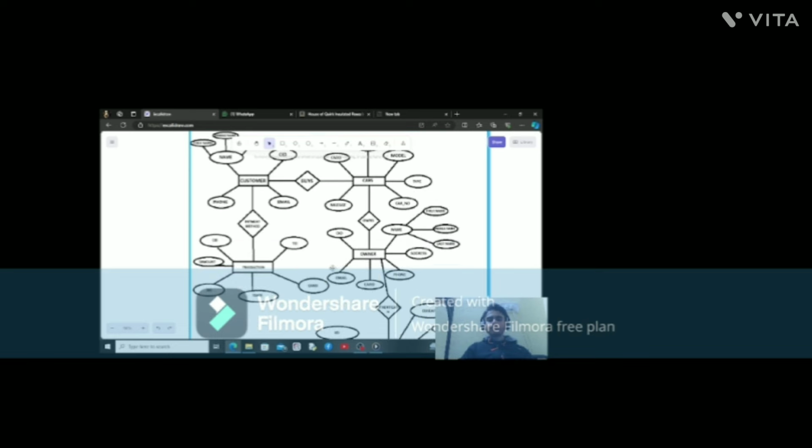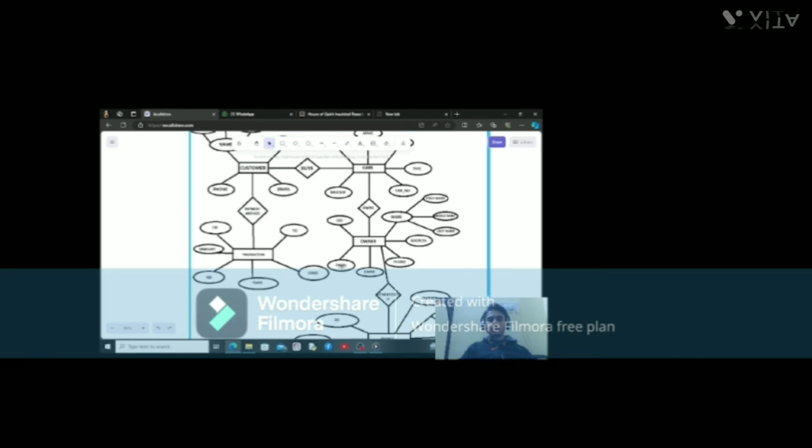Okay, now we come upon the third entity, the OID, that is the owner ID. Owner ID means the person who owns the car, who has not yet sold it to someone. The owner is the original owner of that car.